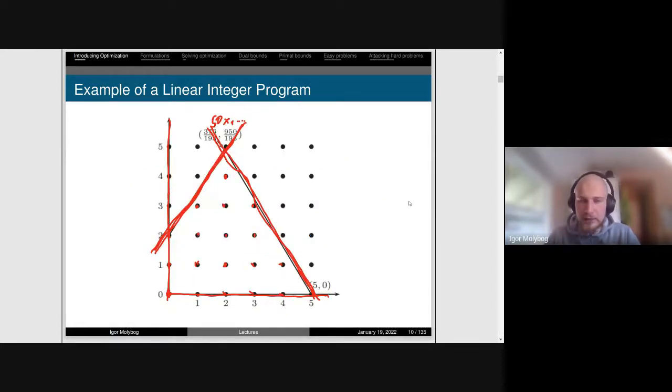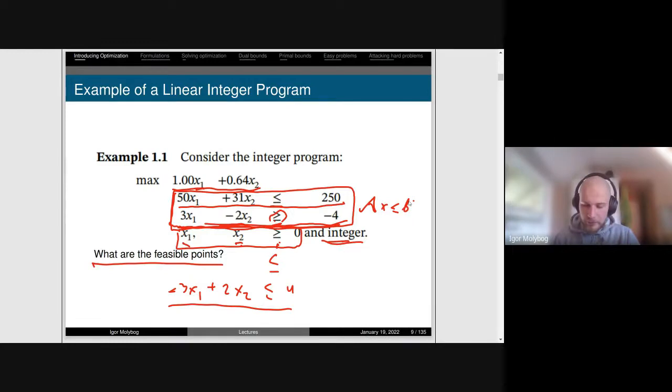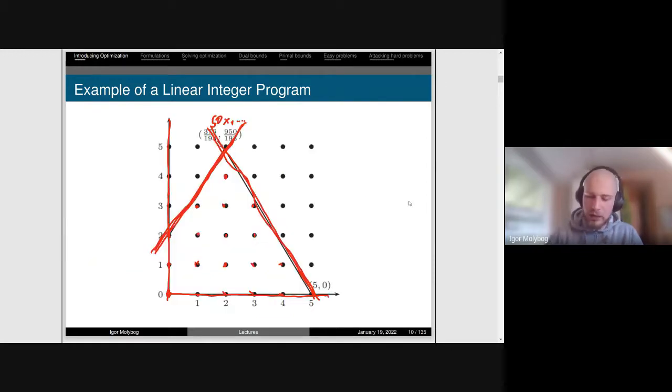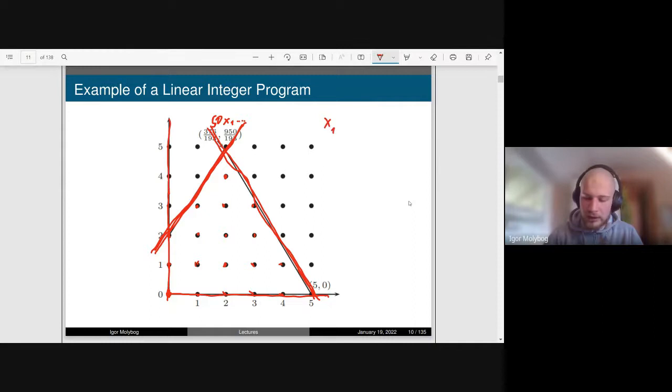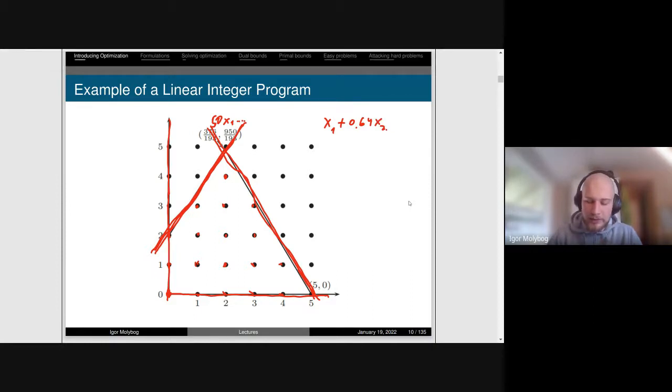If we wanted to solve the problem, what is the way for us to do it? Well, we would need to draw the picture. First of all, what is our objective function? Our objective function is x1 plus 0.64 x2, right?